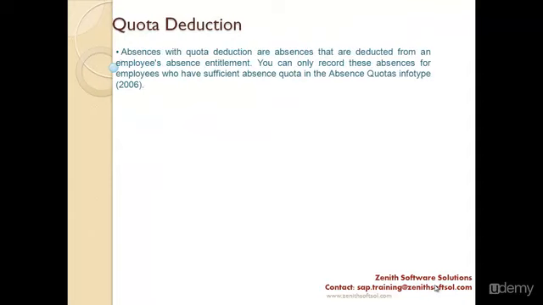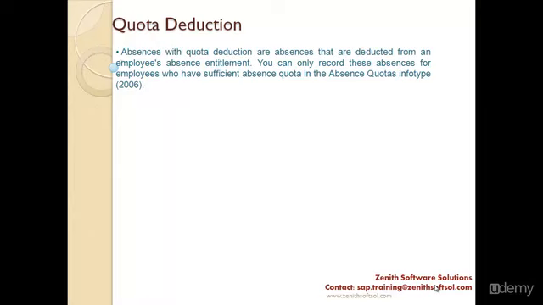Now, what is quota deduction? As I mentioned earlier, you will be entitled to a quota like 40 hours of vacation per year. If you apply for vacation for 1 day or 2 days or 4 hours, because some companies give the entitlement based on number of hours, and some give it based on number of days, either way that quota will be deducted.